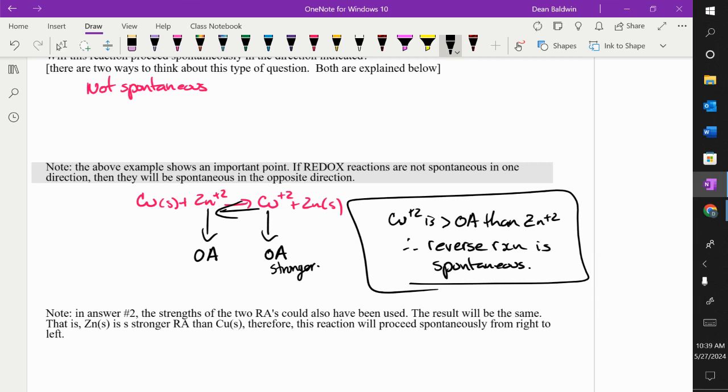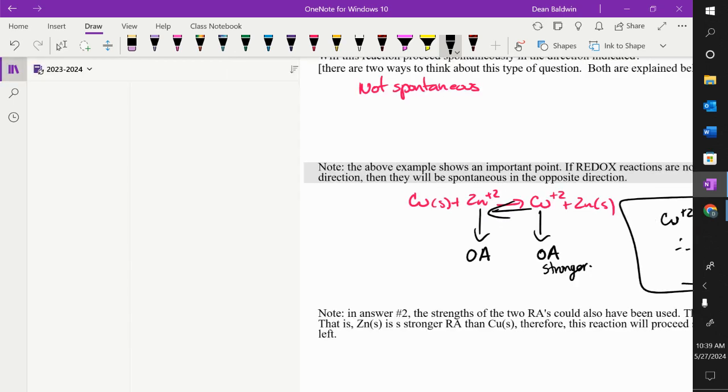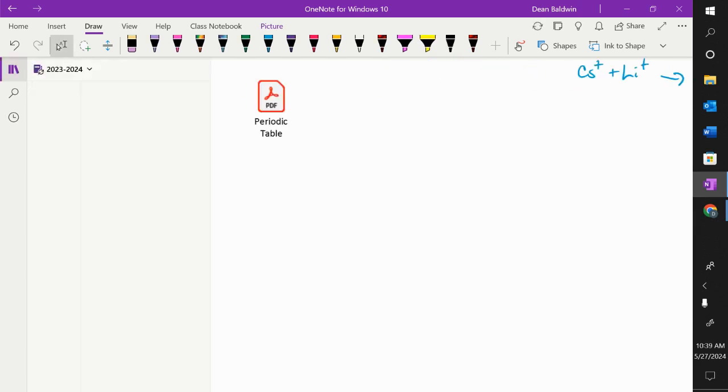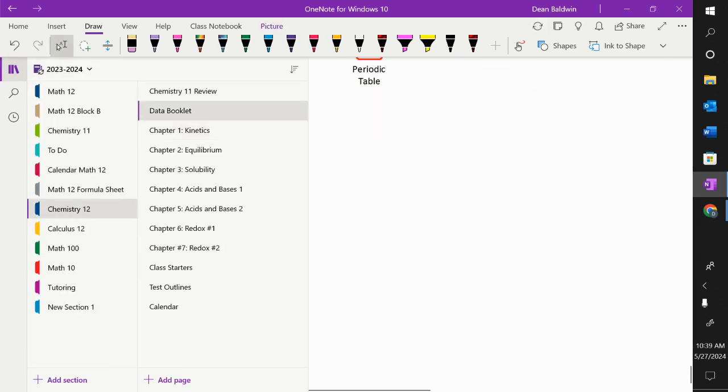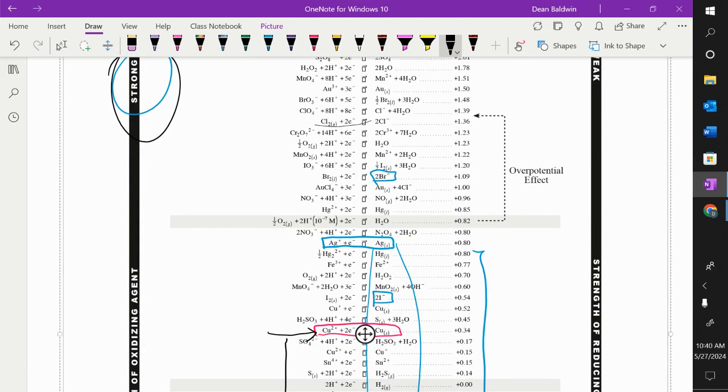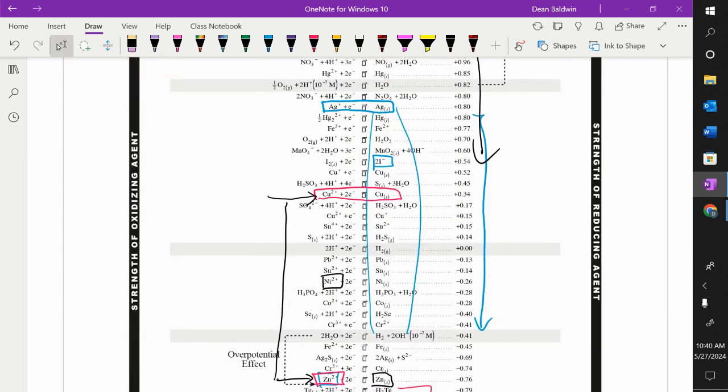Okay, so that's all we're doing for now, is we're trying to figure out if a reaction will be spontaneous or not. If you are on this side, it will react with anything below it on the right. Okay, or if you have two oxidizing agents, you can just look at them, whichever one is higher on the table. So that's the copper 2 and the zinc 2 that we looked at. The higher one will win the battle, and the reaction will proceed in that direction.